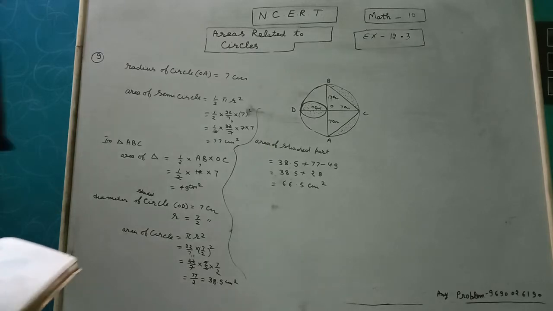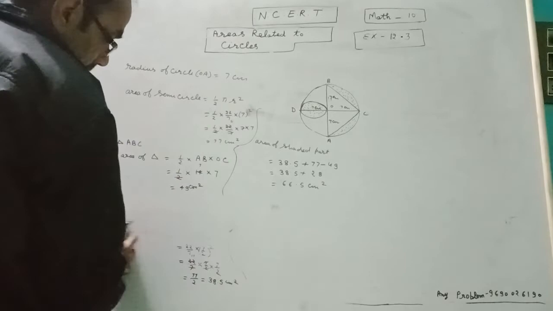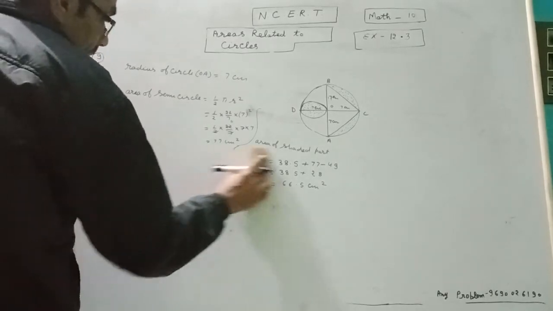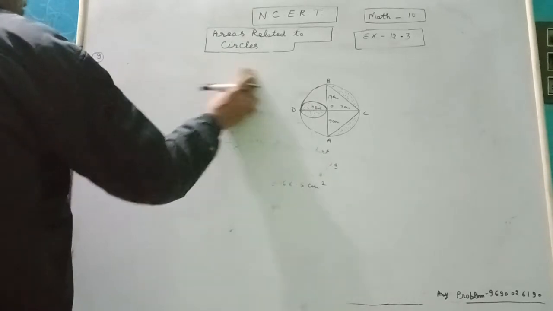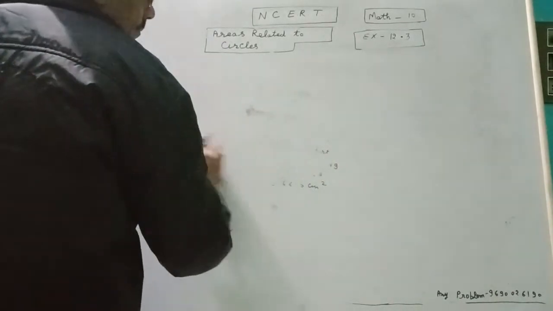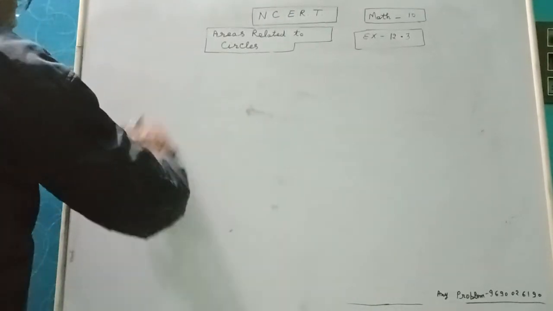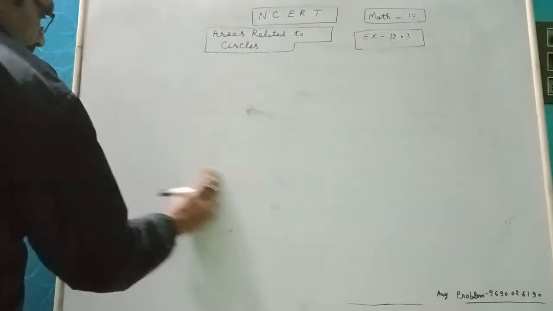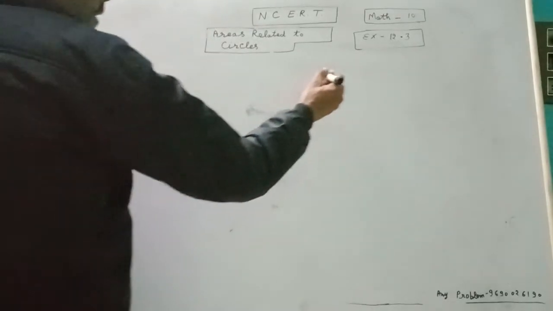Question number 10. ABC is an equilateral triangle.